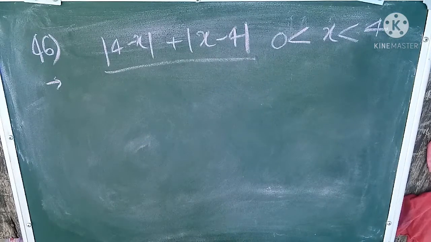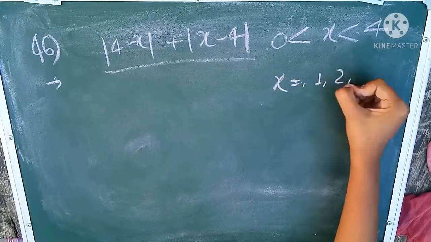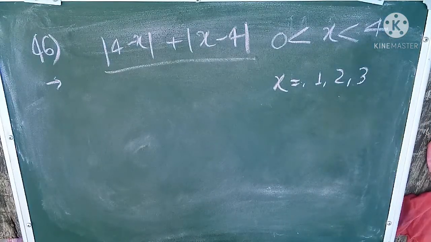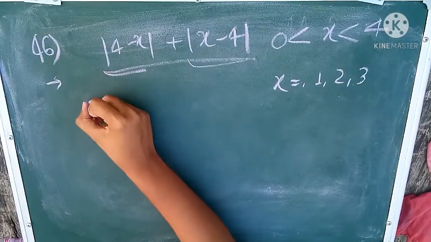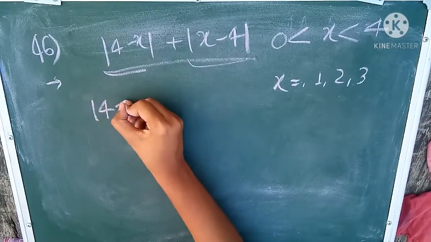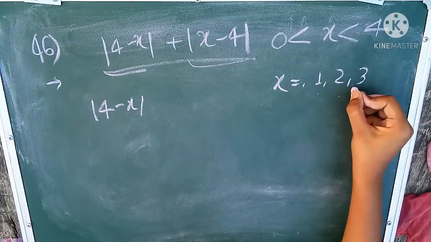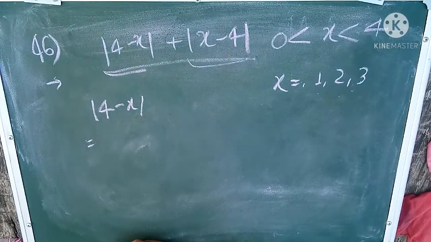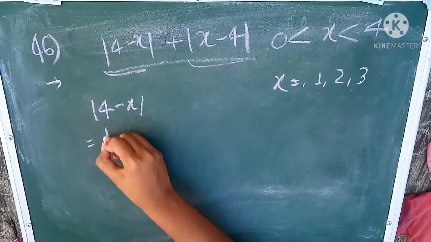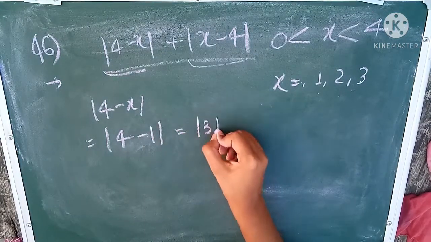First of all, we can say that the value of x can be either 1, 2 or 3 because it lies between 0 and 4. So let us solve these two terms separately. Let us take the first term, which is mod of 4 minus x. In this term we will put the value of x one by one and find the value. If we put the value of x equal 1, then we get 4 minus 1, which is mod of 3.